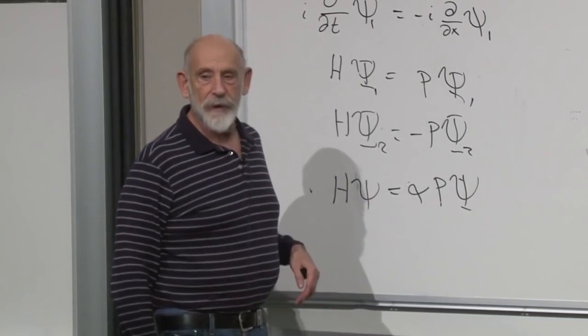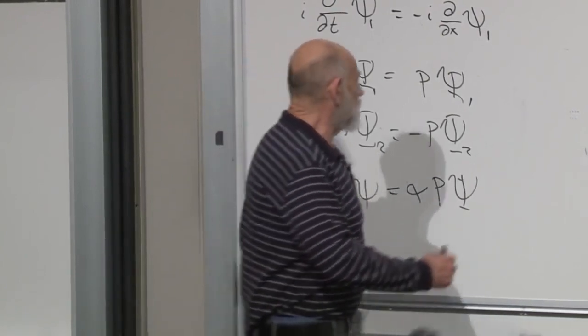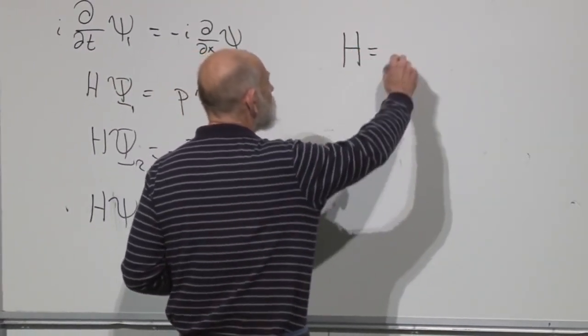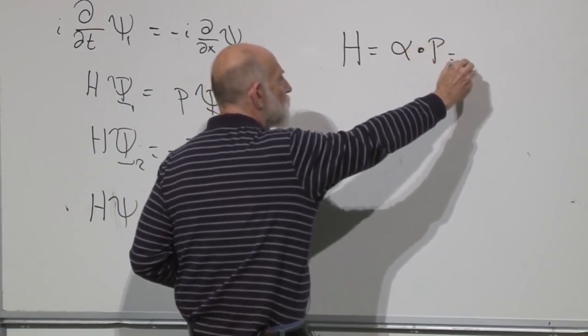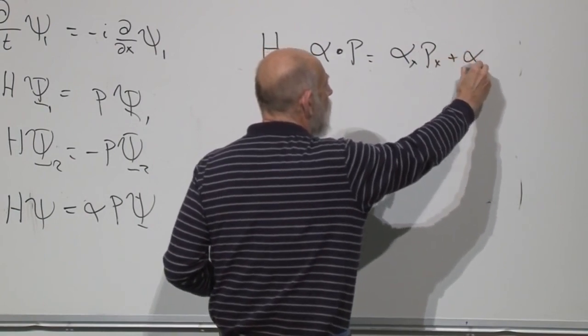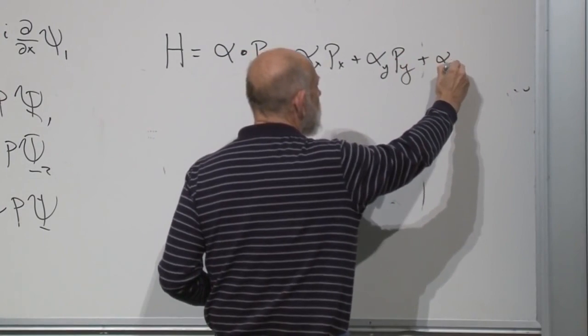That means it must have three components. So he said, let's try the equation h equals alpha dot p. This means alpha sub x px plus alpha sub y py plus alpha sub z pz.